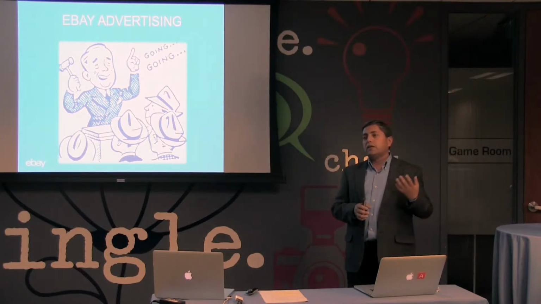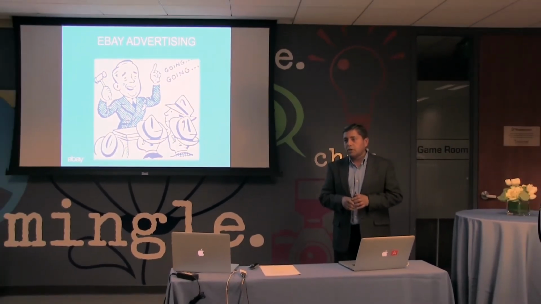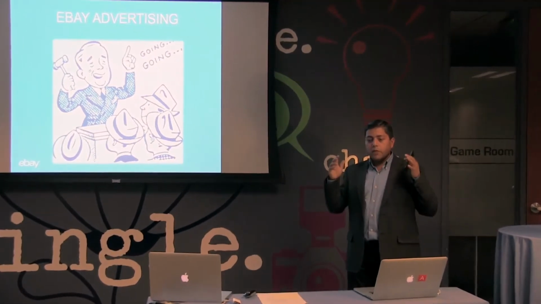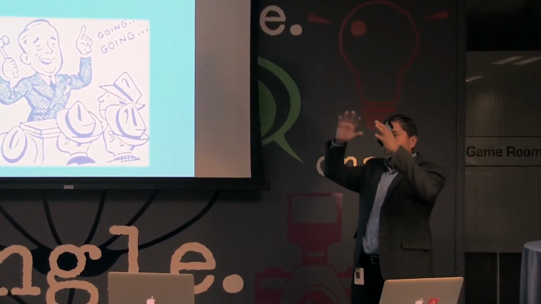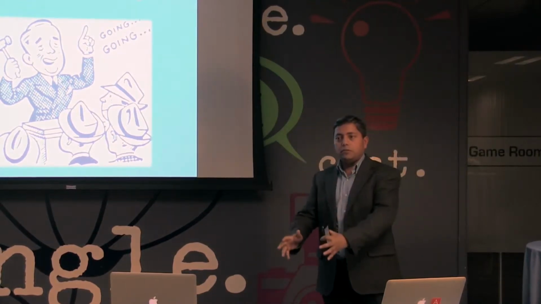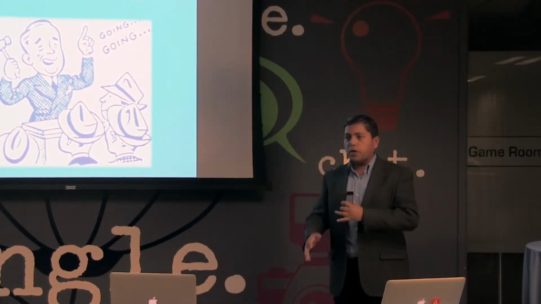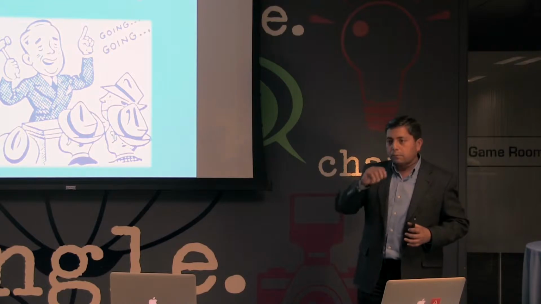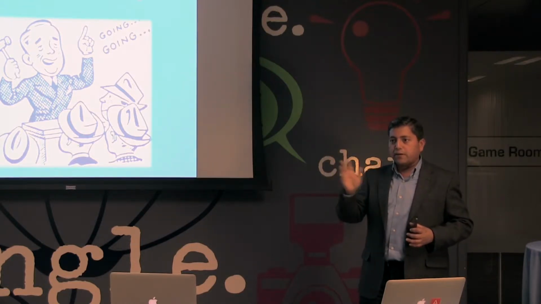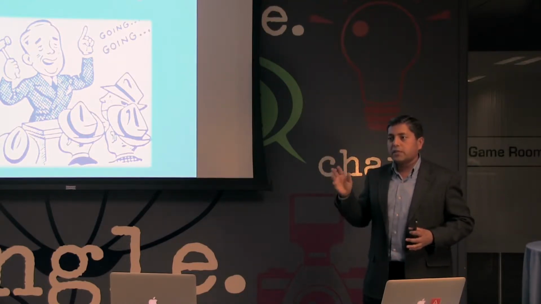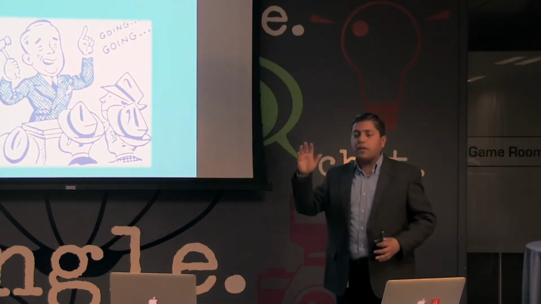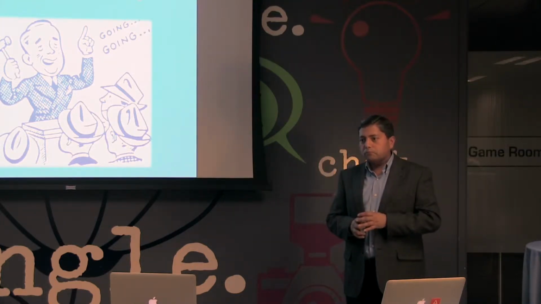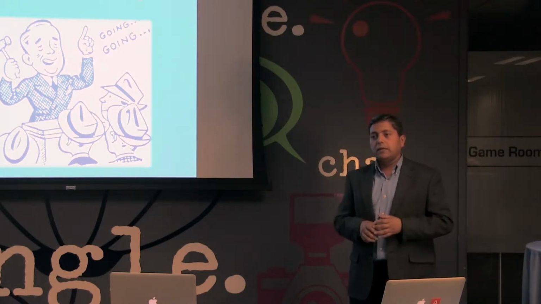We do advertising in all kinds of formats, from simple branding type advertising up at the top of the conversion funnel to performance advertising down at the bottom of the funnel, mid funnel. We do advertising in different kinds of media, different formats. We do product listing ads for performance, and even mobile recently.